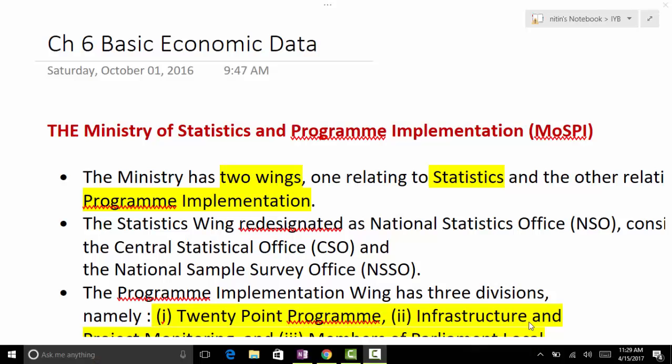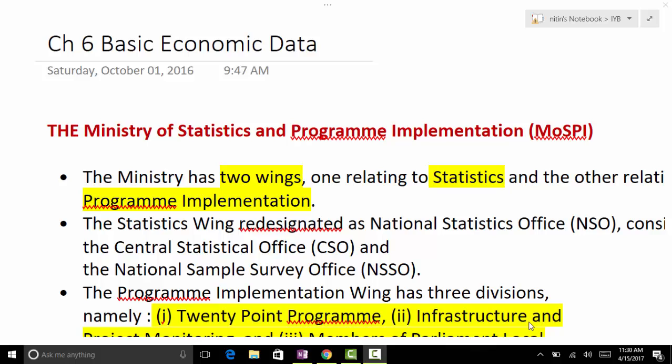So today we'll start with chapter number 6. Till now we have done the agriculture chapter last time. We have changed the approach to how we do this India Yearbook. Now onwards I'm making notes of every chapter, whatever I find relevant for mains and PT both, and I will let you know in between what portion is important for mains and which one is important for PT purposes.